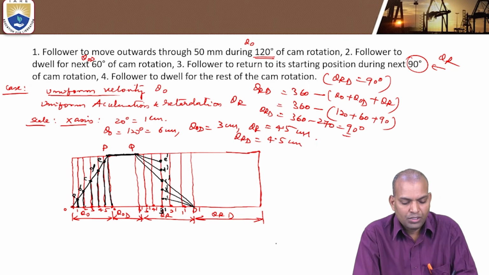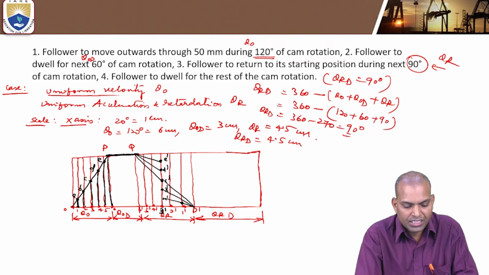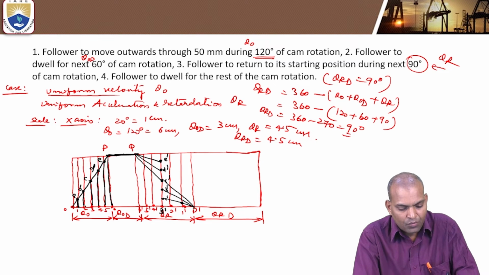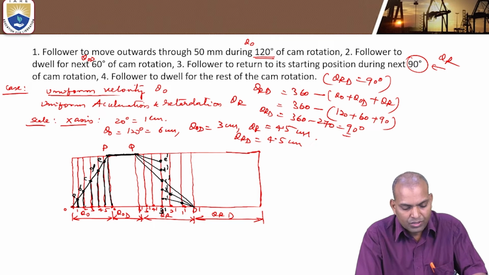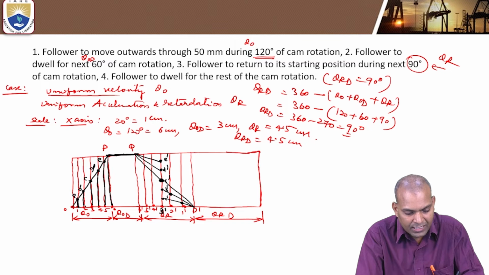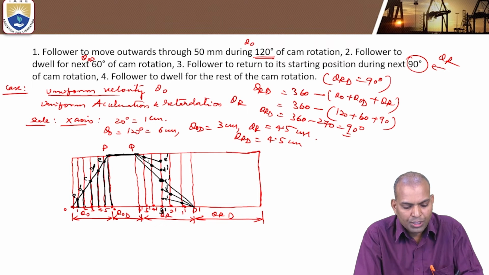Now, this 1 dash is intersecting at this point: 1 dash and A dash. 1 dash and B dash intersect 2 dash at this point, and C dash here. Next, 4 and the D dash line intersect here. Next, 5 and E dash intersect at this point, on the vertical line. So join all these points.